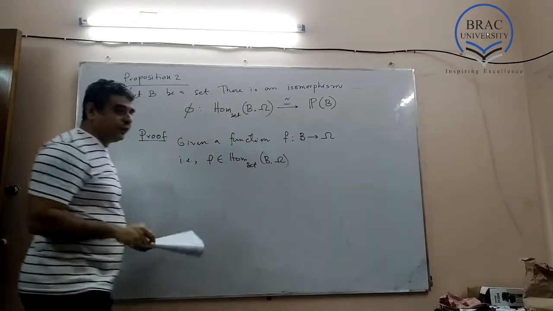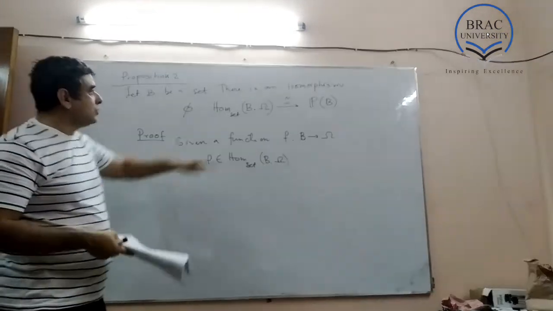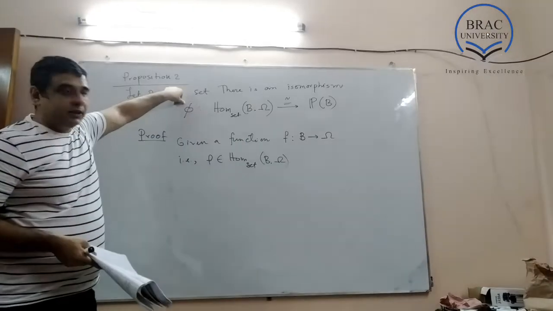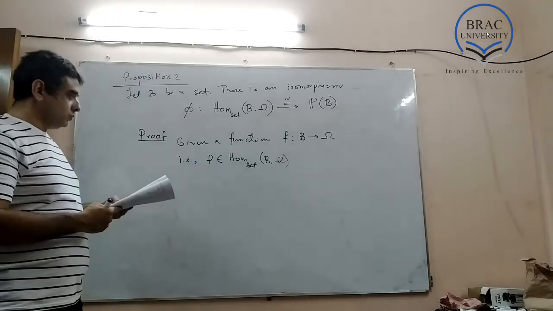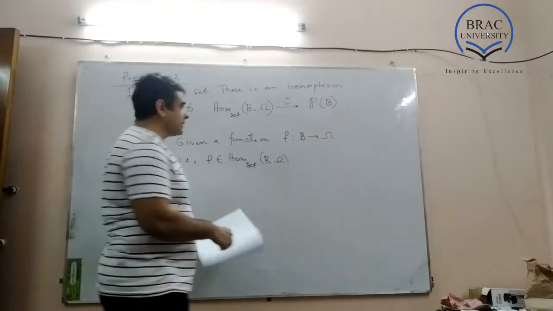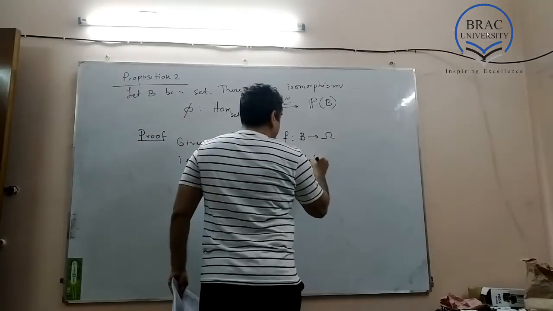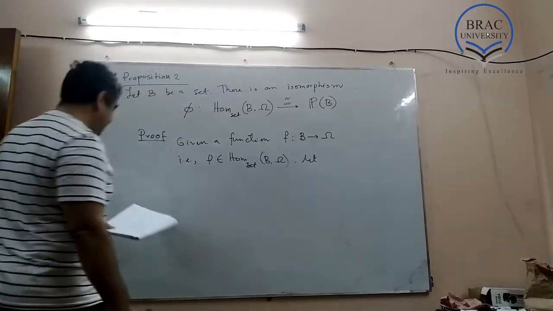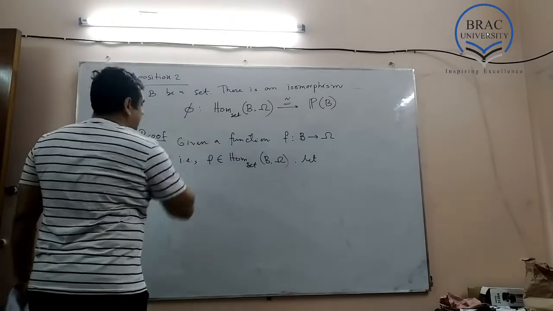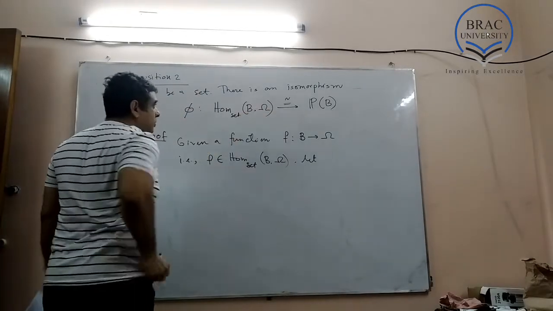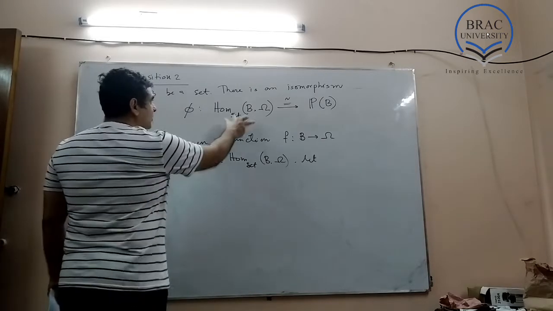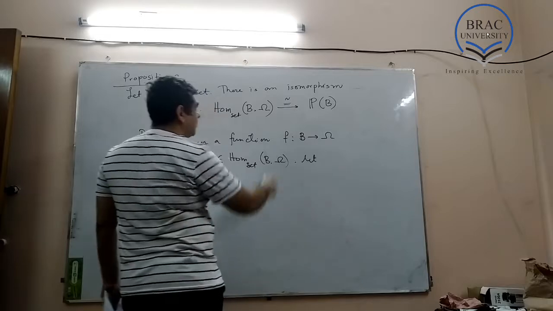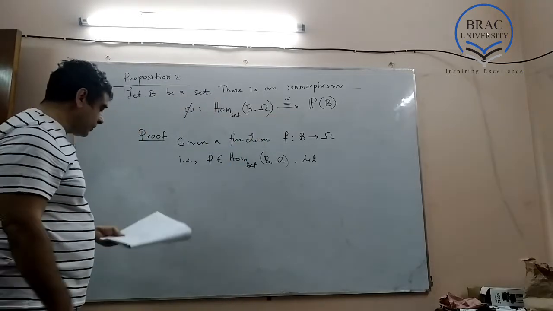So we chose an element from the domain of this function phi. I'm going to define this function now. This is the map between these two objects. One is the Hom set from B to omega, and the other one is the power set of B.